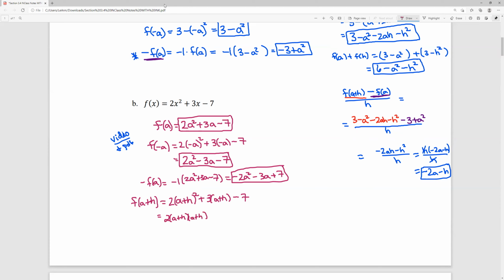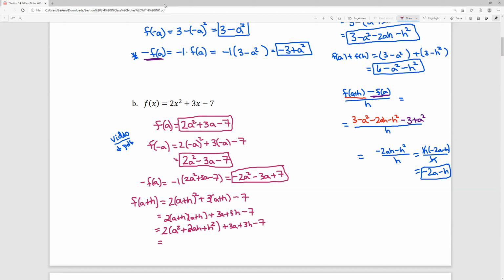For the second one, you can go ahead and distribute that 3. So that's going to be a 3a plus a 3h. Go ahead and bring down the minus 7. I would FOIL out the two binomials first before distributing the 2. This will always work out to a squared plus 2ah plus h squared. You can check that, but that's how the same binomial twice would FOIL, especially with a plus in the middle.